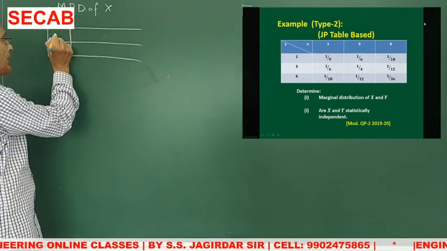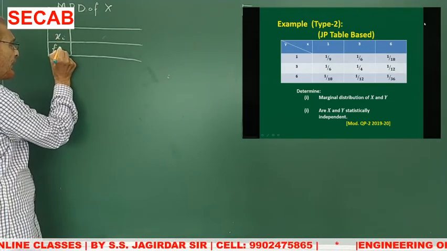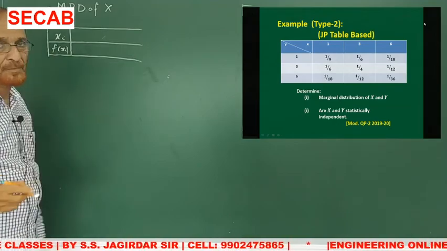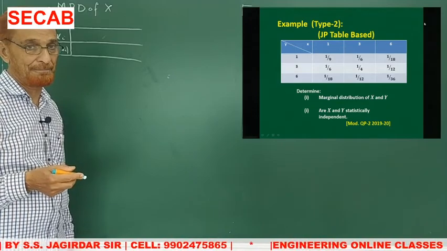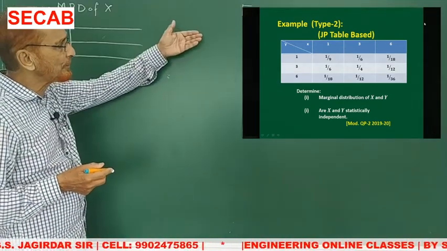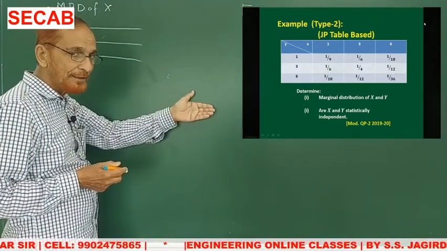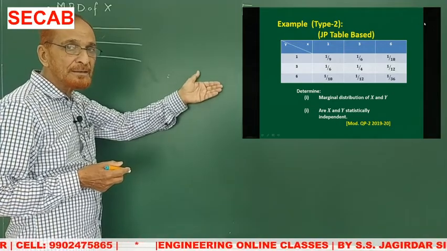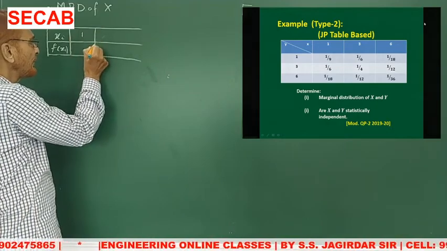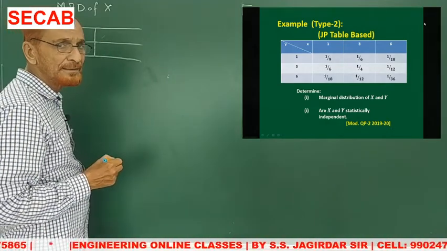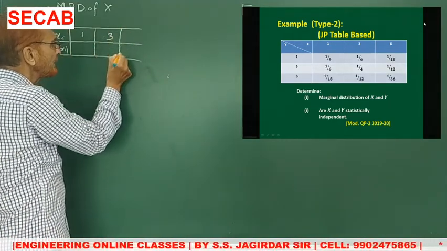Here we record the x values, xi, and here f of xi. For the x values, you go to the extreme left column of the table. Under x, the first value is 1, the second value is 3, and the third value is 6.